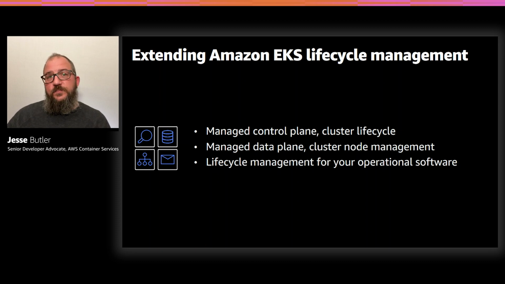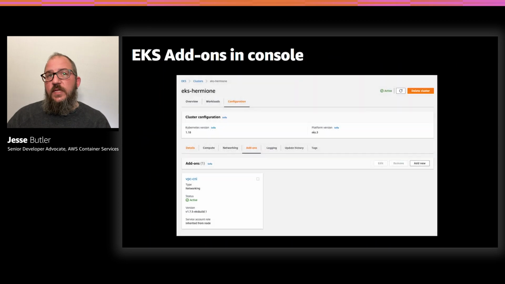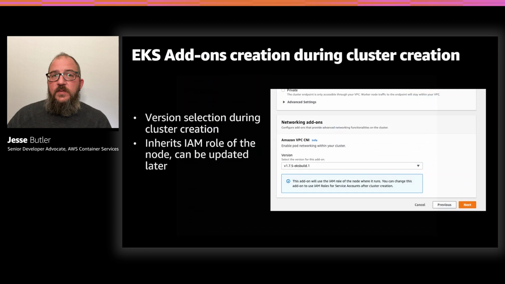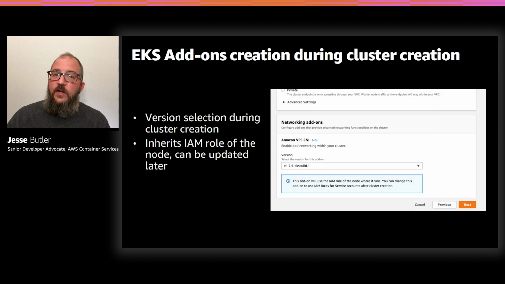So if we look in the console and you click into add-ons, you'll see a list of currently enabled add-ons in your cluster. So here we have the VPC CNI, and it's active. We can see quickly the version and what service account role it's using. And here we're inheriting it from the node. Certain add-ons can be added during cluster creation.